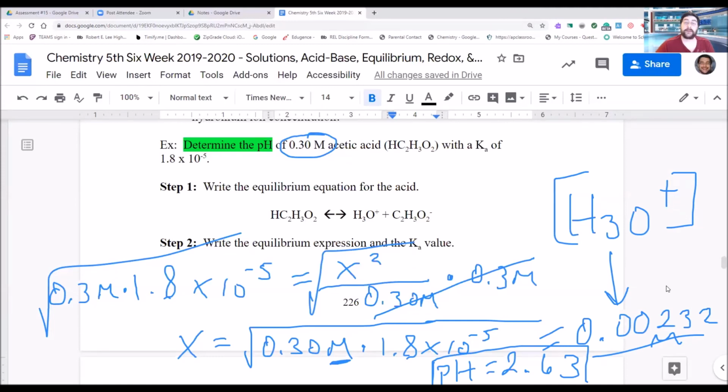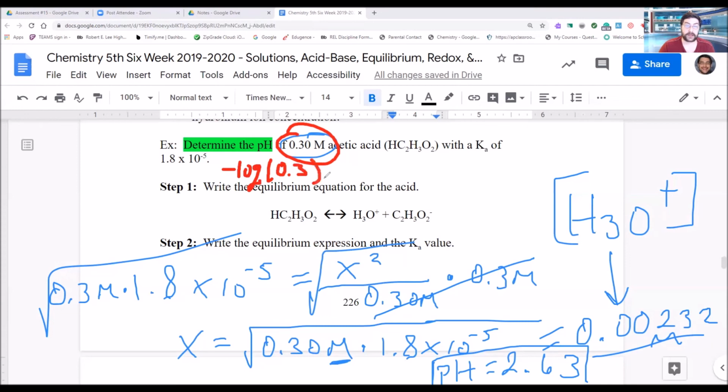Now, if you forgot that acetic acid was a weak acid and not a strong acid, then you would have incorrectly tried to put the negative log of the original acid concentration into your calculator. So you would have said negative log of the 0.3 value.